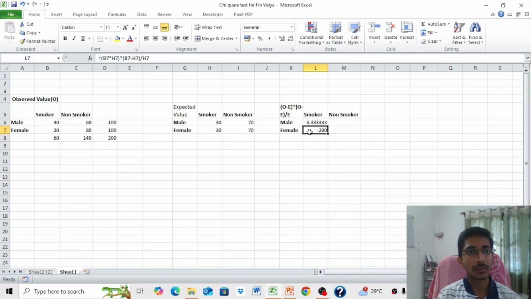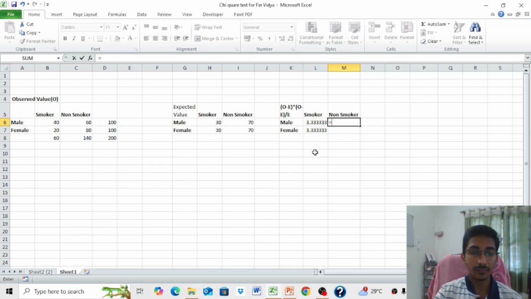Okay, I think something is wrong with it. Observed minus, it would be minus, sorry. Now done. Okay, bracket open, same as non-smoker, observed minus expected, multiply, same bracket open, observed minus expected, clear, divided by expected, done.